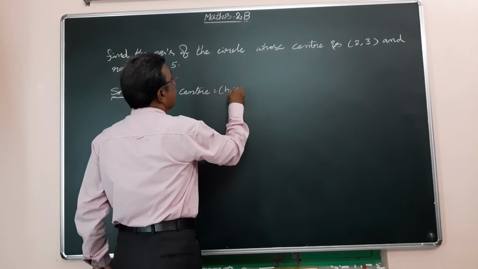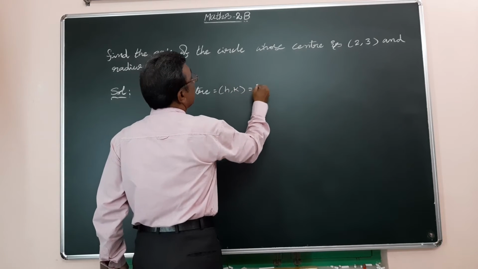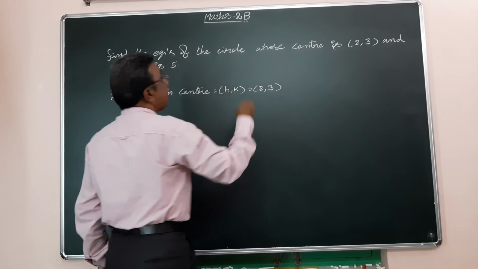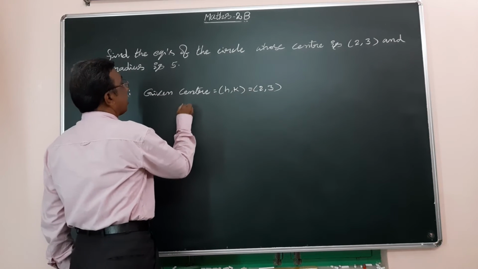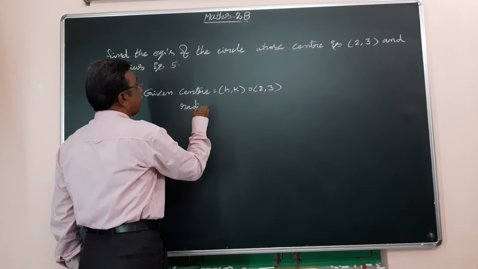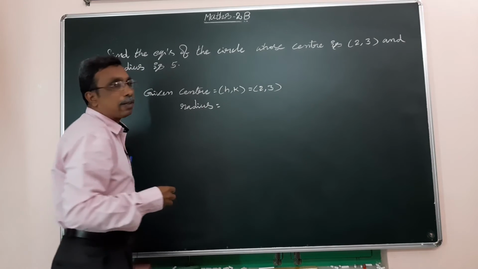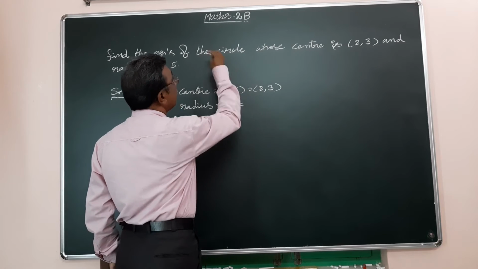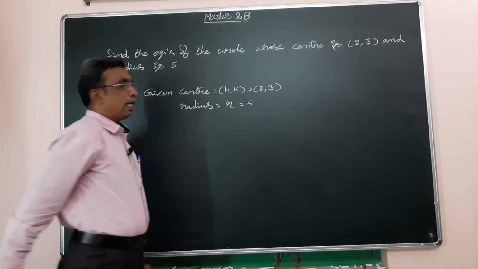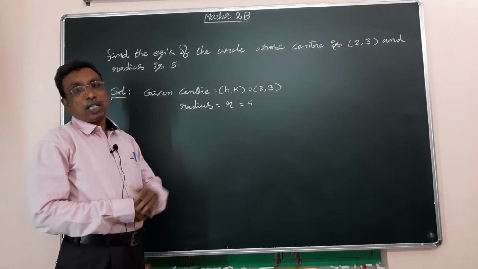H, K equal to 2, 3. Center equal to h, k equal to 2, 3. Next radius. Radius is given, denoted by r. r equal to 5.